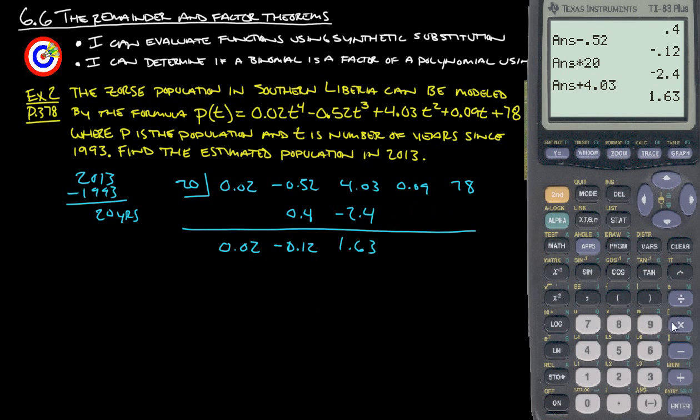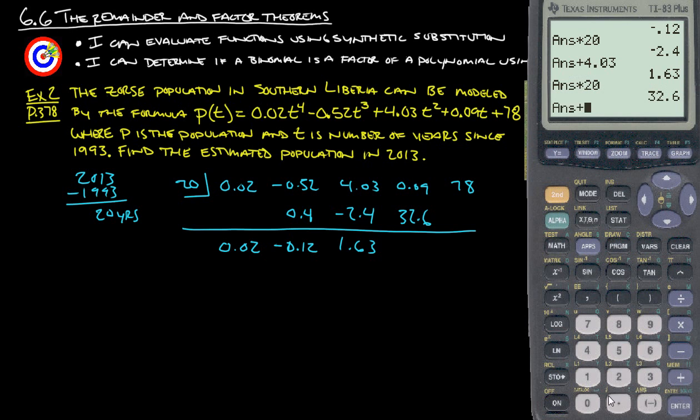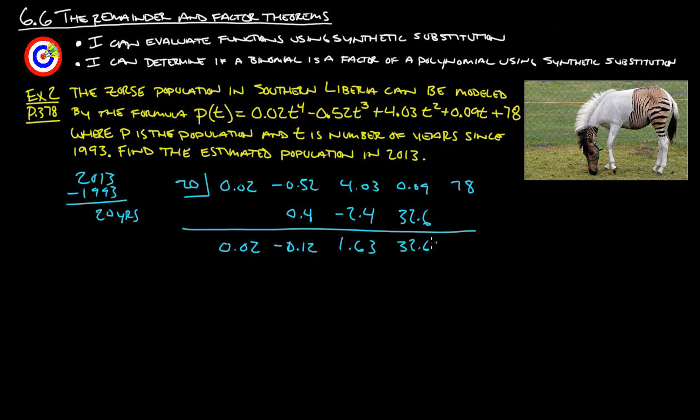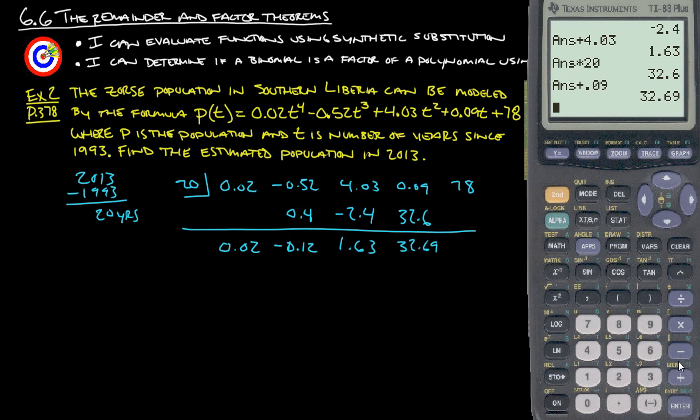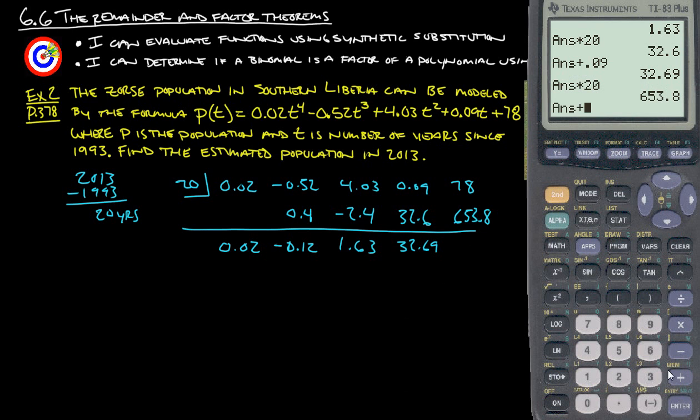And then we multiply that 1.63 by 20, we get 32.6. And add the 0.09 to get 32.69. And multiply that by 20 again, 653.8. And then our last step is to add the 78 to that.